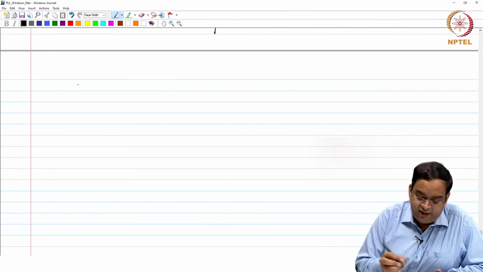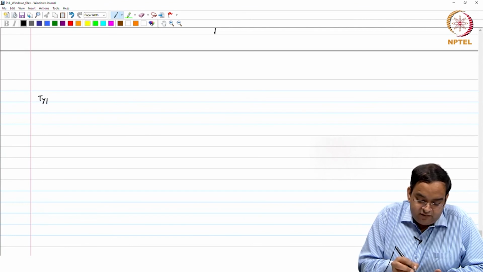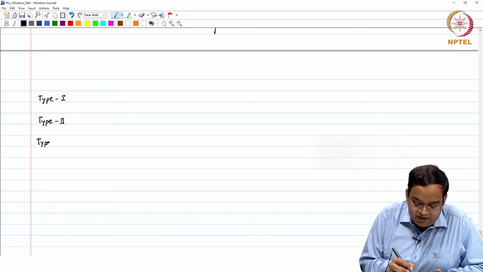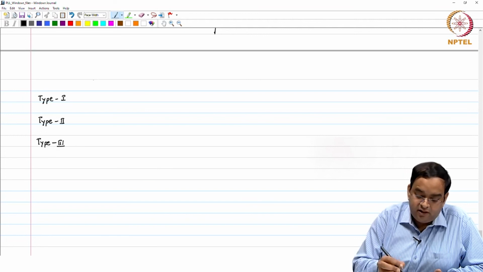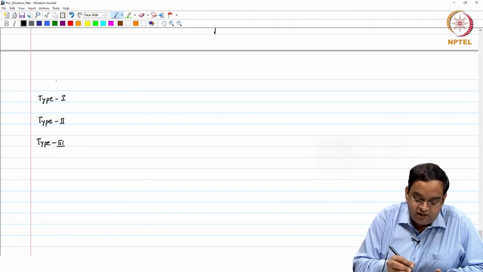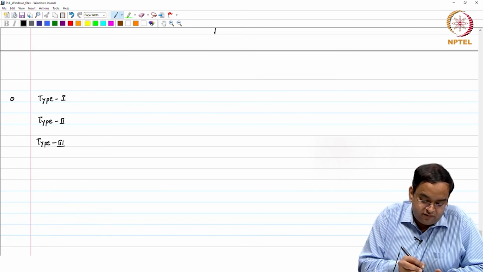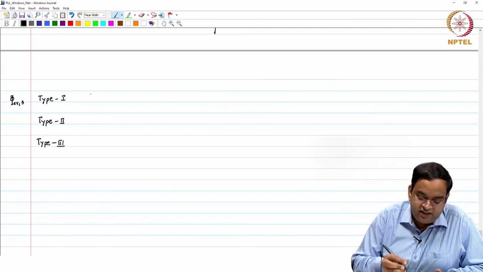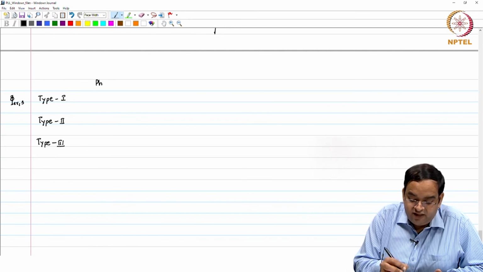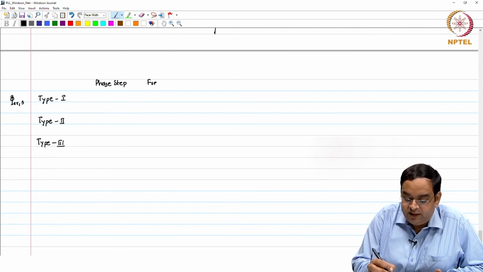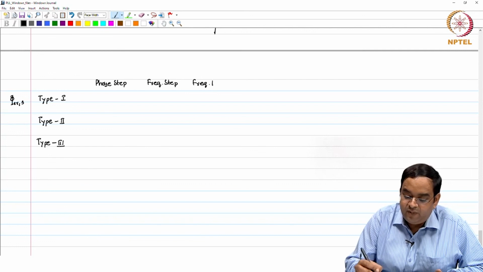So, I will just summarize it. We are going to write the steady state phase error for type 1, type 2 and type 3 PLLs, when you apply phase step, frequency step and frequency ramp.